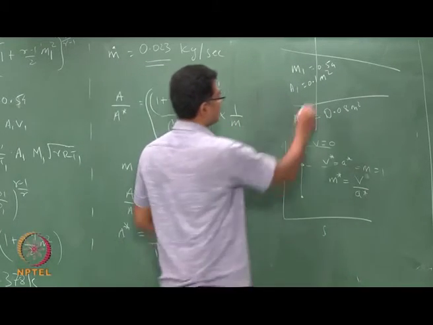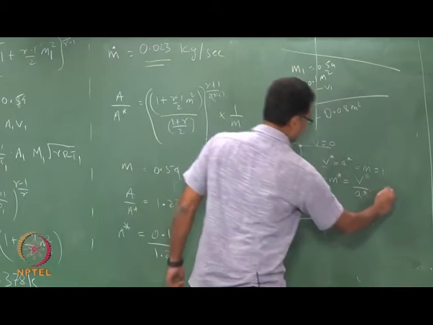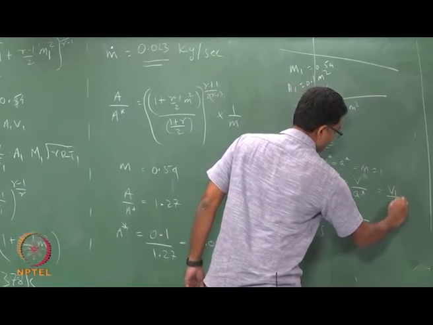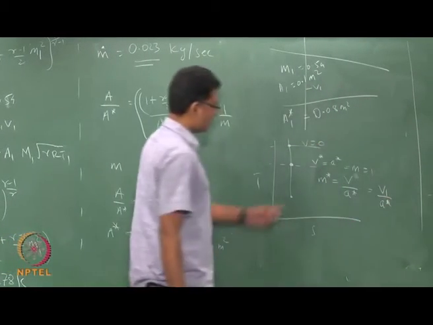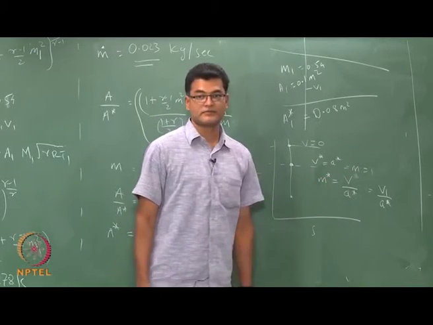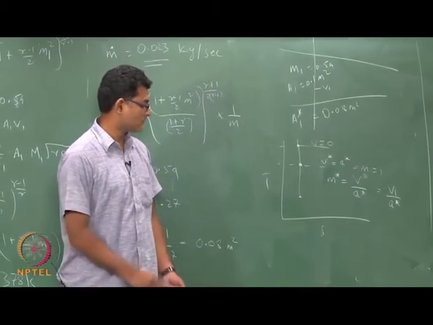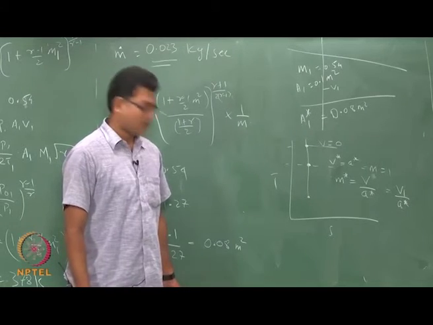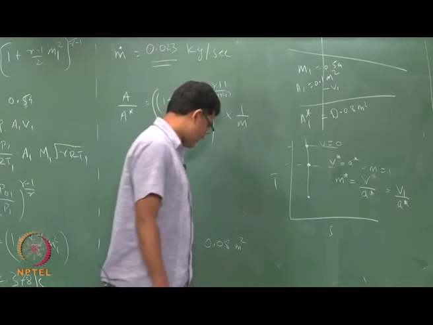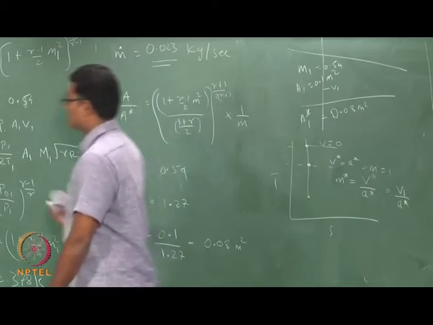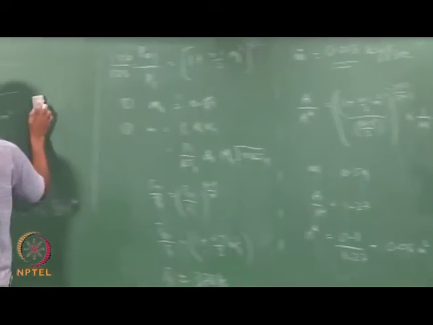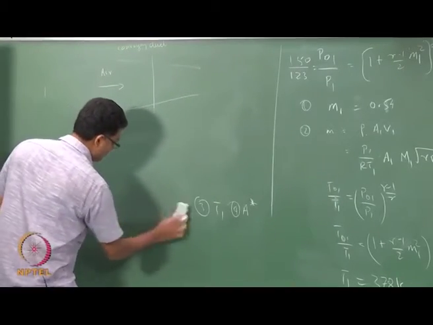So, if I know the velocity here, I can find my M star, which will not be same as this. Okay. So, that is the meaning of the star value, the M star value.